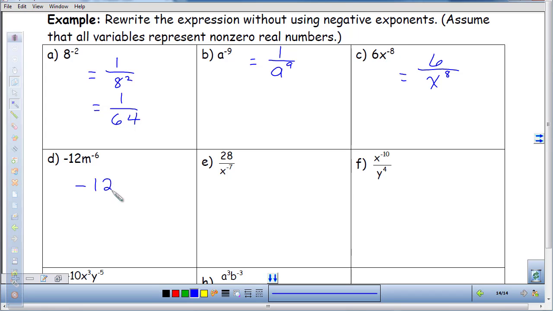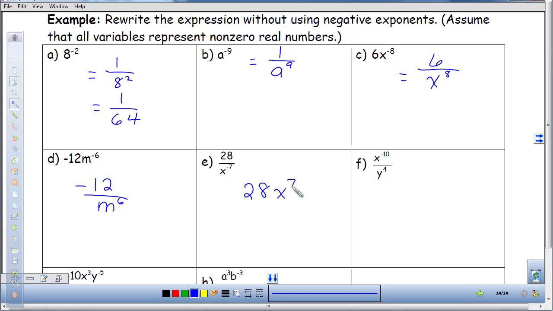Very good. Negative 12 over m to the 6th. All right, then in E, we get what? 28x to the 7th. I can bring the factor with the negative exponent out of the denominator, bring it back to the numerator, and I'll make the exponent positive.